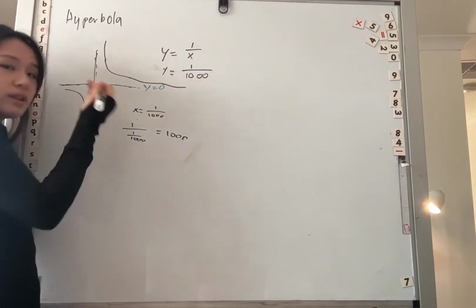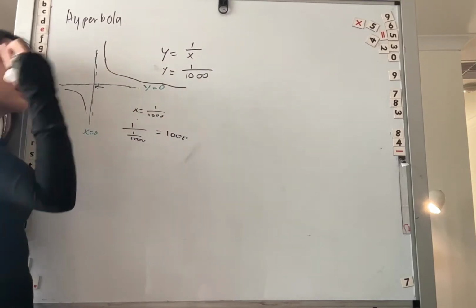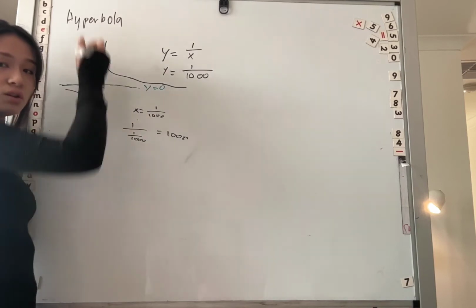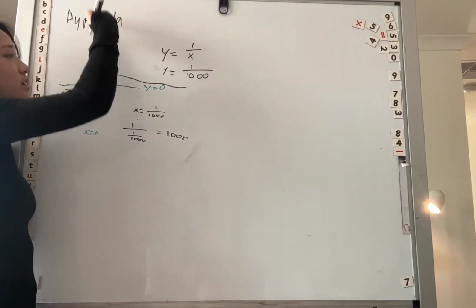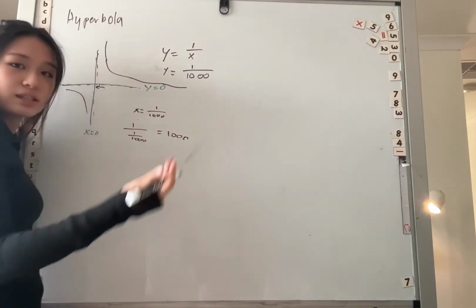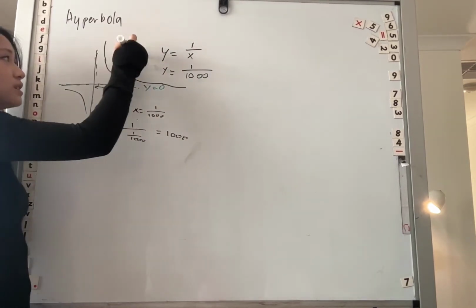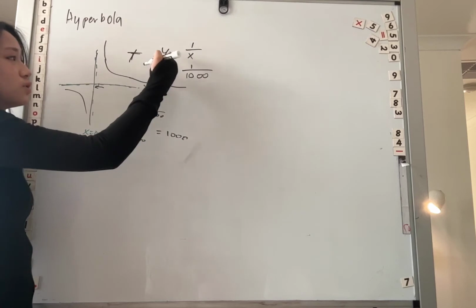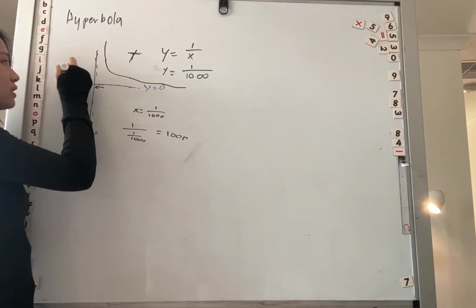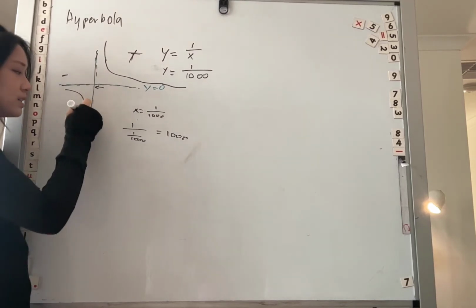So the smaller x values, so you're dealing with x as small fractions now, it's going to make your height grow a lot taller. So that's why it's higher near x equals 0 and lower as x approaches infinity. And it's in the positive quadrant because you're doing 1 divided by a positive number, right? And then over here, the x values are negative, so that's why your height is negative.